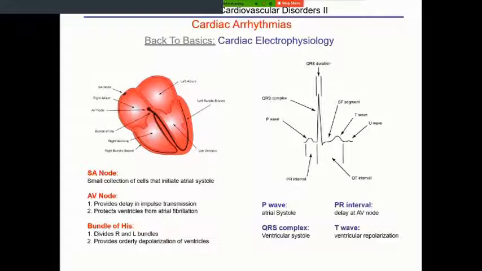Also, farther down the line in the ventricular system, you have the bundle of His, or we call this the Purkinje fibers. These are divided into the right and left bundles, and they provide early depolarization of the ventricle.